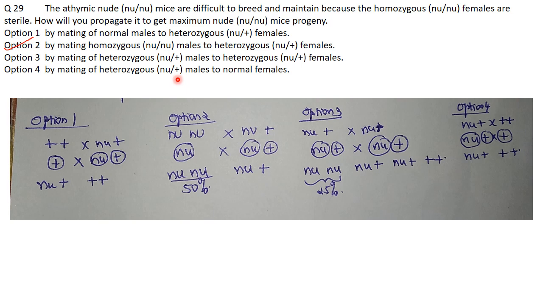So nu/+ into +/+, that is normal female, so you will not get any nu mice progeny. So out of option 2 and option 3, which are the options where you get nu progeny? Option 2 is having 50% nu progeny and option 3 is having only 25%. So the answer here will be option 2.